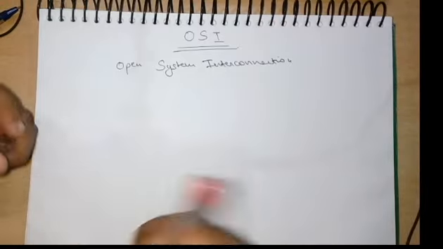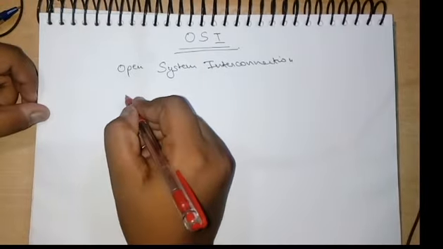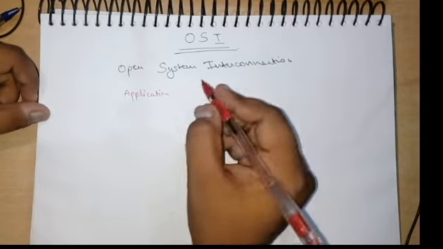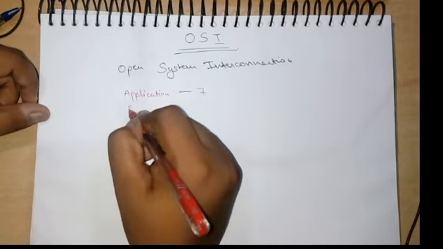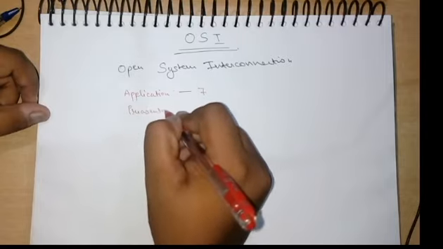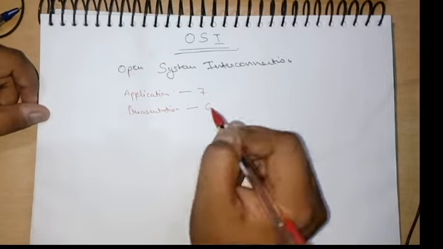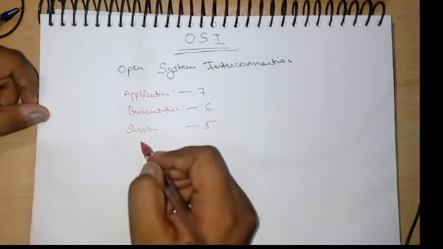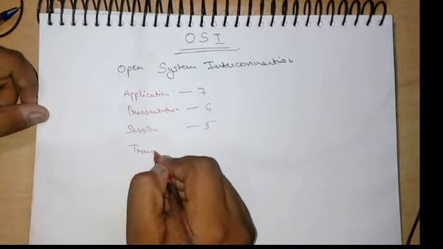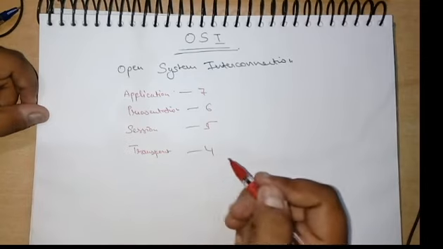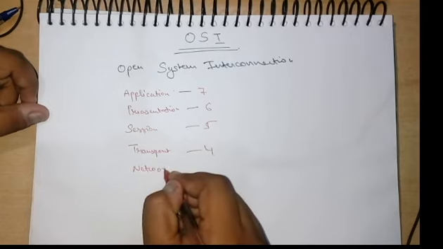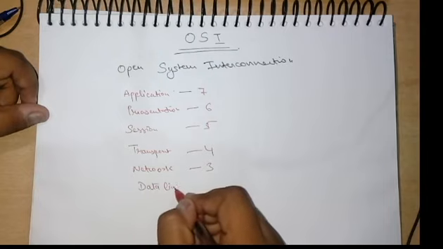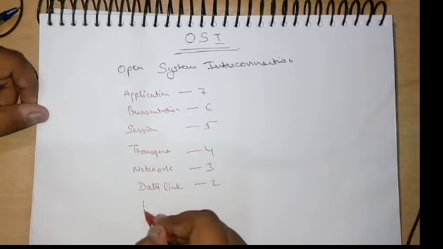Those are application layer, presentation layer, session layer, then comes transport layer, then network layer, then data link layer, last physical layer.